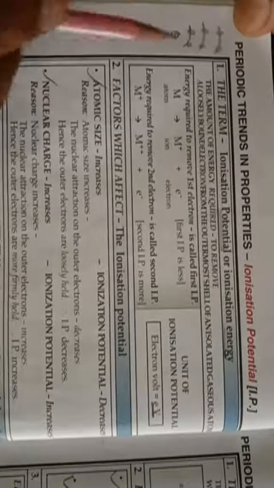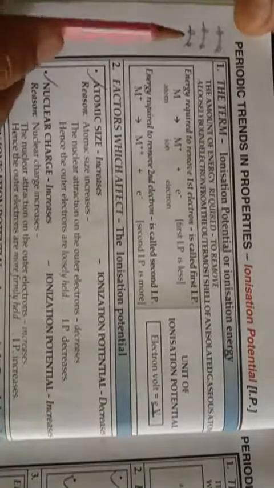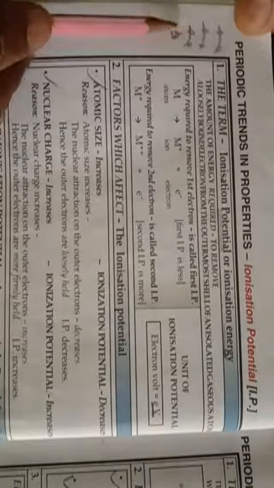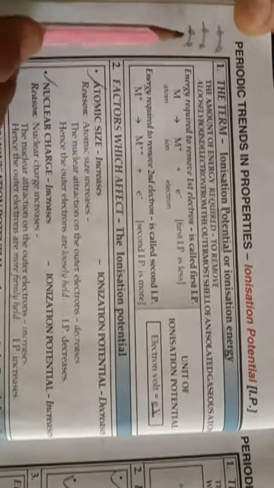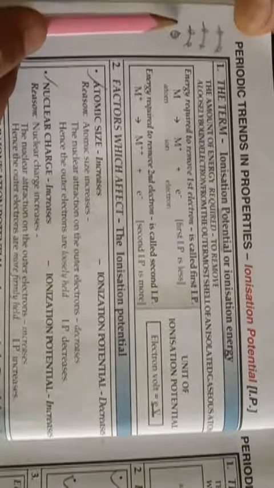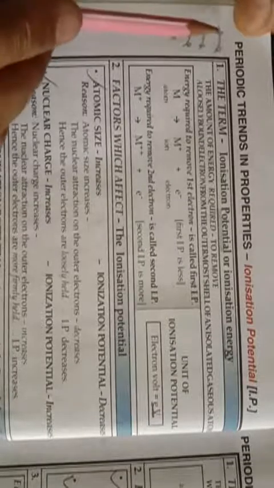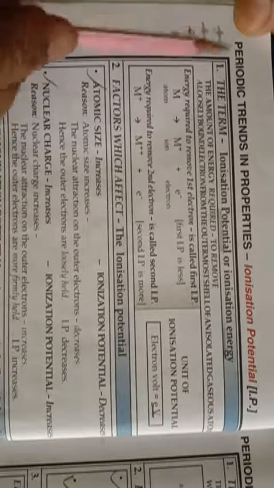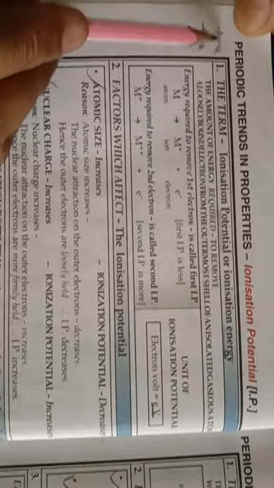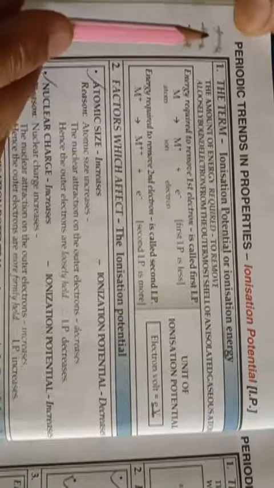Okay children, when we supply energy to take out an electron from this atom, first the electrons which will come out belong to this outermost shell, that is the third shell here. At once only one electron can be taken out.